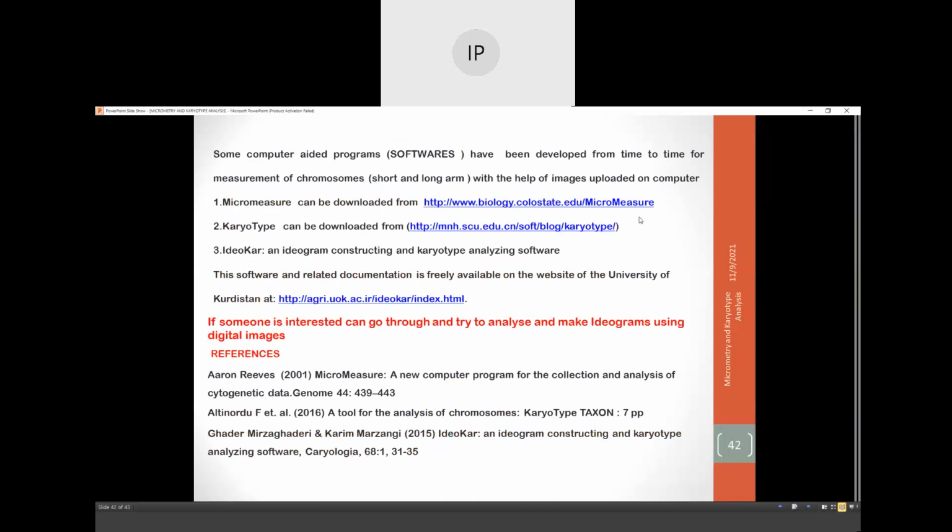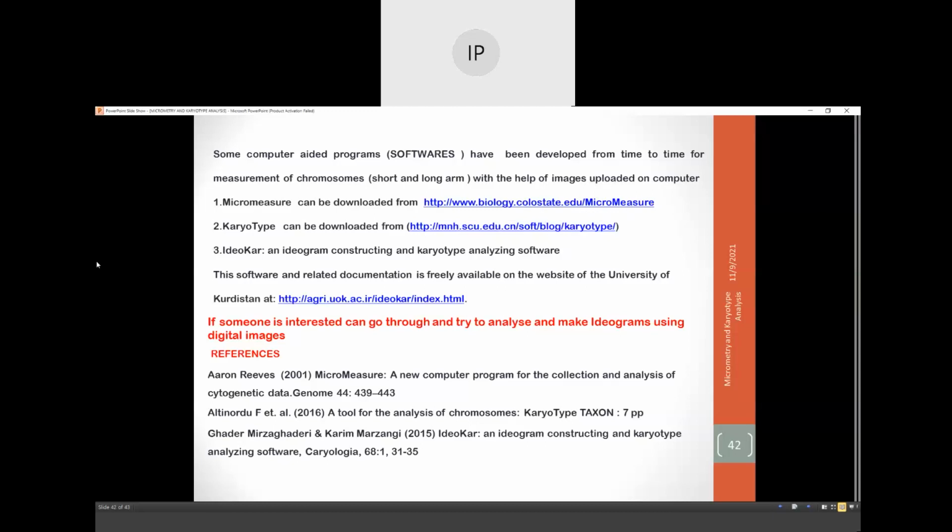and I also want to make the students aware about some computer aided programs or software which have been developed from time to time for measurement of chromosomes, short arm and long arm, with the help of images uploaded on the computer in bitmap form or in JPEG form. Measurements can be done, and these softwares are MicroMeasure, which can be downloaded from this website, Colostate.